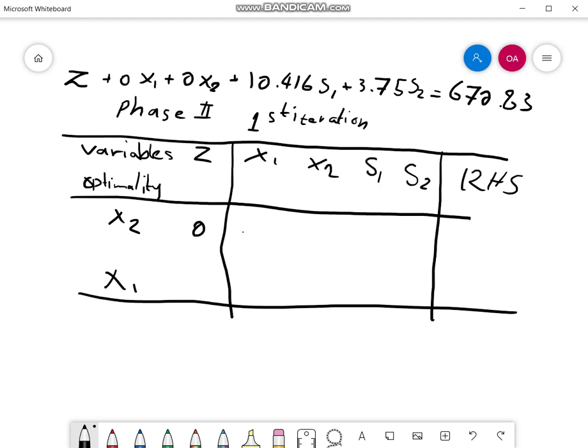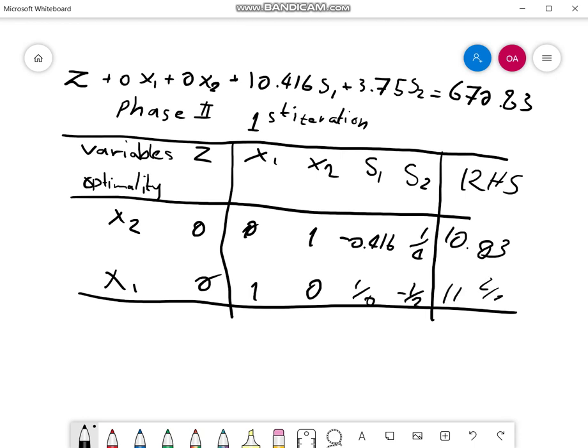For x2: 0, 1, 0, 1, minus 0.416, 1 over 4, 10.83. And this one is 0, 1, 0, 1 over 6, minus half, 11 and 2 over 3.